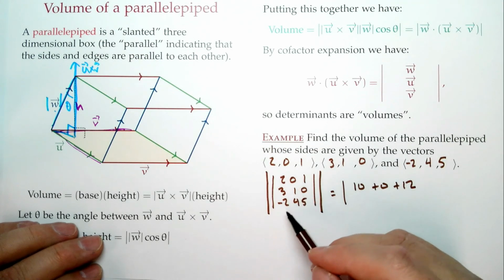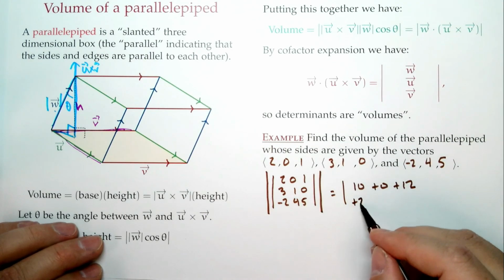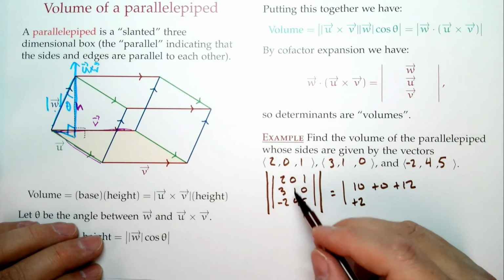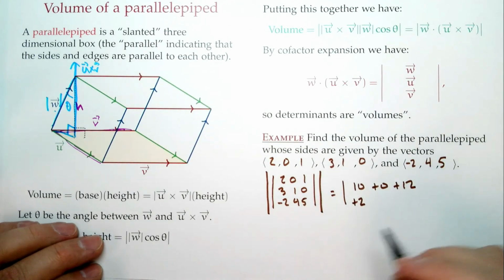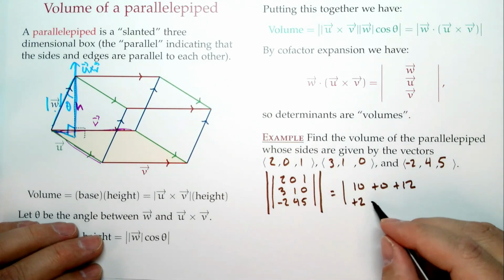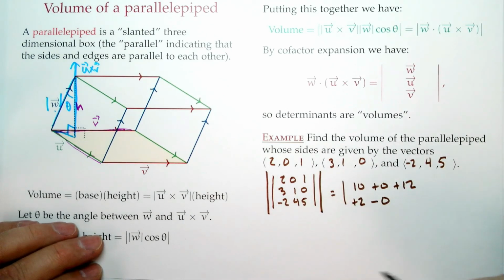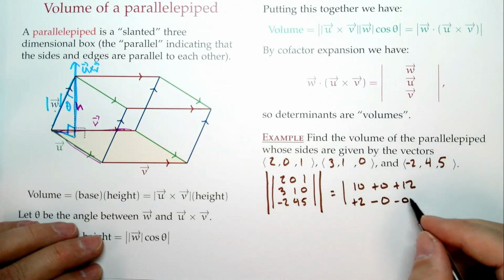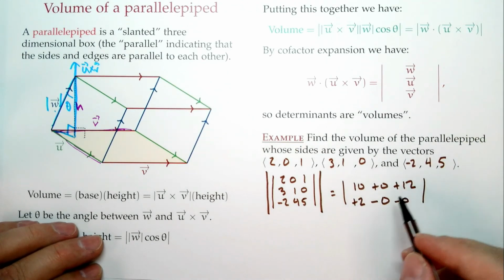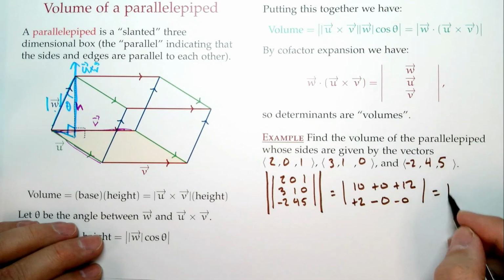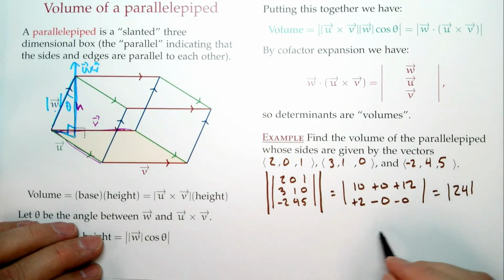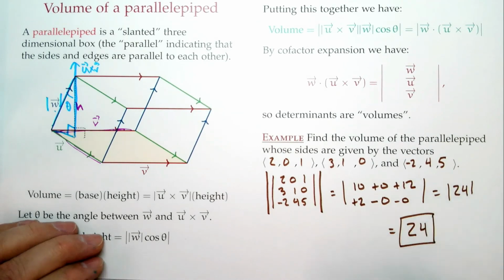So it's negative 2, but I'm subtracting, so it becomes plus 2. 4 times 0 times 2 is 0, but remember, we're going uphill, so we subtract 0. 5 times 3 times 0, multiply them together, you get 0. Again, subtract. And we have 10 plus 12 plus 2, which is the absolute value of 24, which means that the volume of this shape is 24.